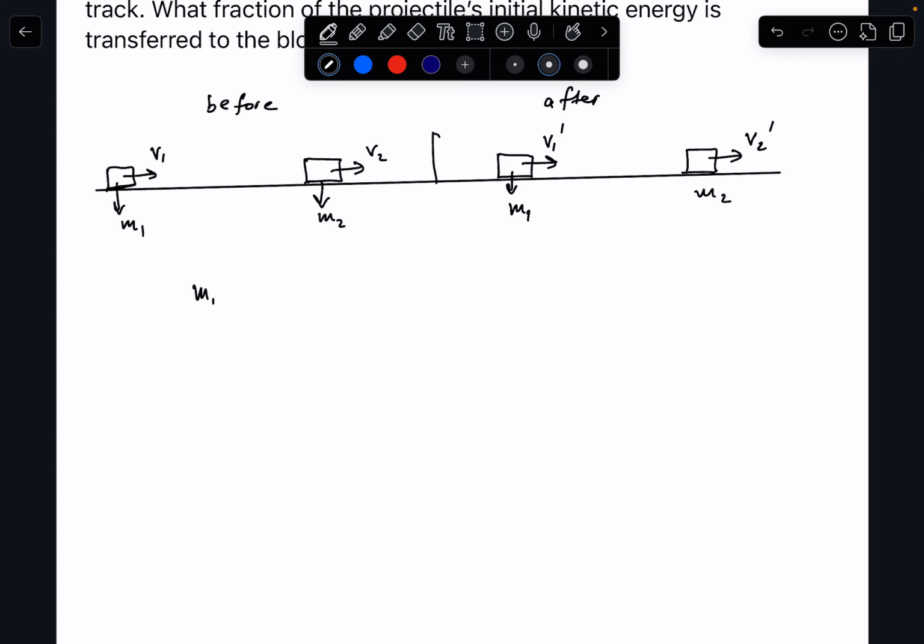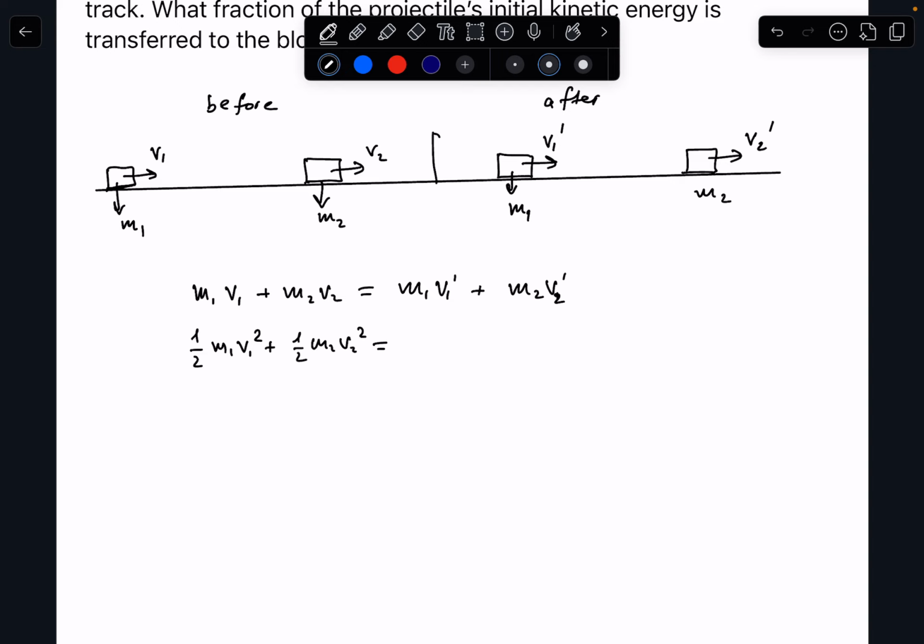First, conservation of momentum: m1 v1 plus m2 v2 equals m1 v1 prime plus m2 v2 prime. At the same time, we also have conservation of energy: 1 over 2 m1 v1 squared plus 1 over 2 m2 v2 squared. This is all the energy these two objects have, because they have kinetic energy and they will not change their height, their position in the z direction.